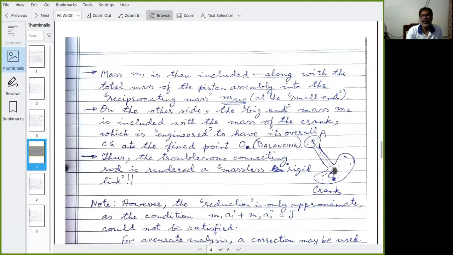This is the complete balancing of the crank. The crank is completely balanced. Its CG falls at O, which is the fixed point, which doesn't move, doesn't have any acceleration.